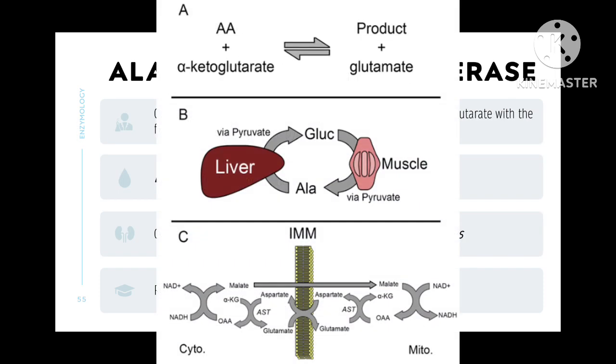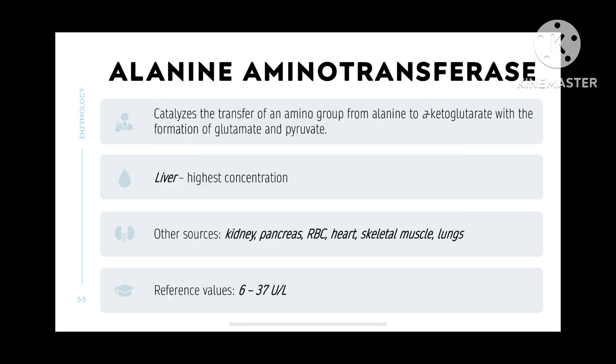Above is the reaction of alanine aminotransferase. It makes use also of pyridoxal phosphate as the coenzyme. Alanine aminotransferase is distributed in many tissues with comparatively high concentrations in the liver. It is considered the more liver-specific enzyme of all the transferases.